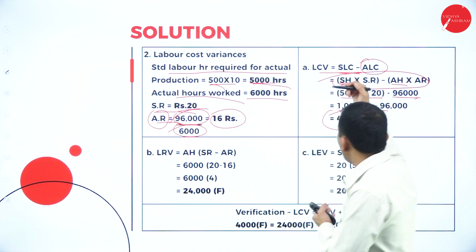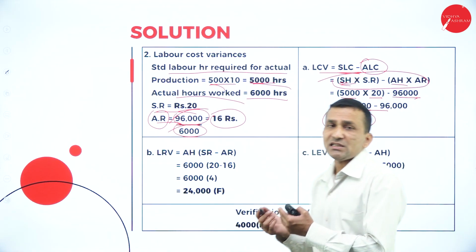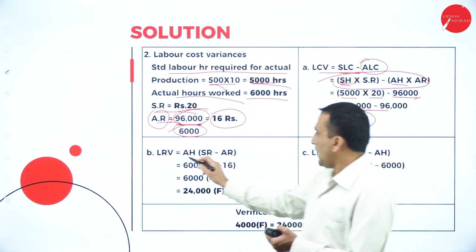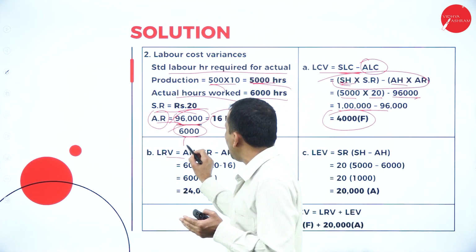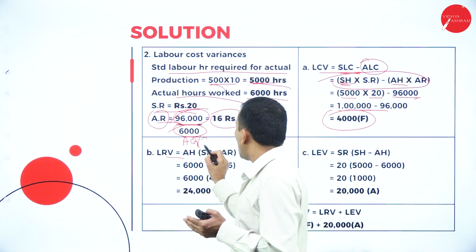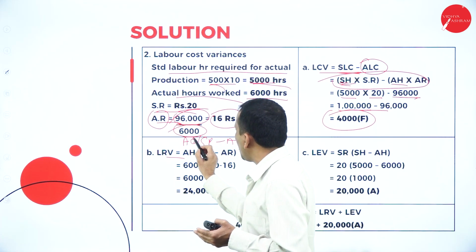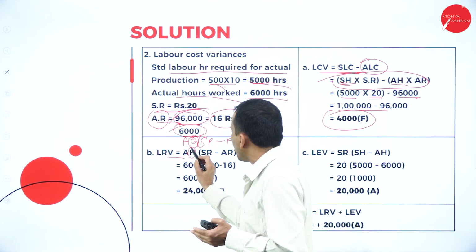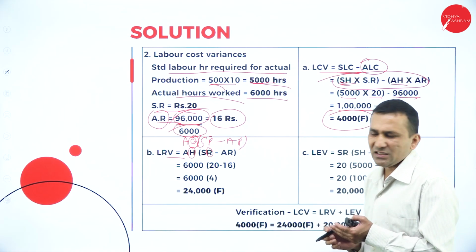So moving under labor cost variance, we need to calculate the labor rate variance as well as the efficiency variance. The labor rate: see, in case of material variance we write AQ, so SP minus AP. Now what we are substituting: in the quantity place we write hours, in the P place we write R. So it is very simple to remember this formula.